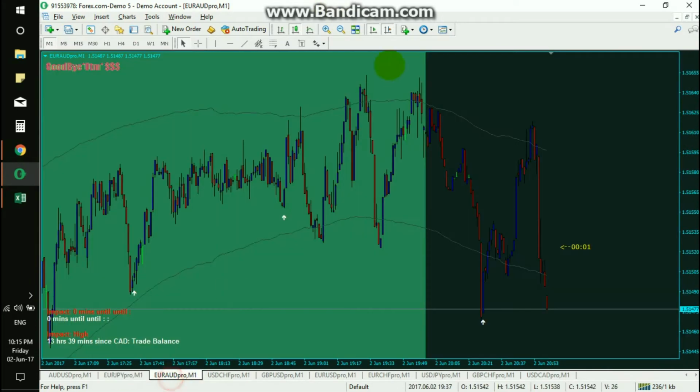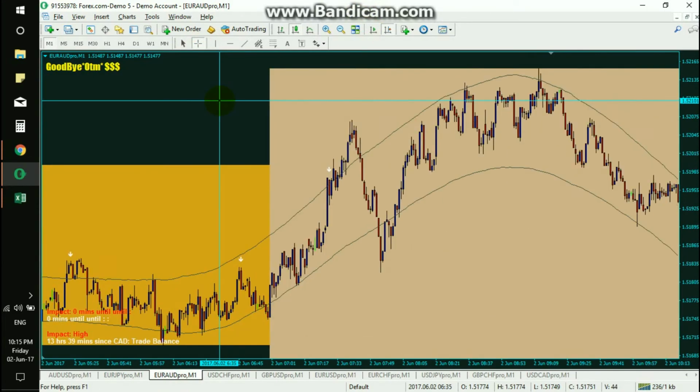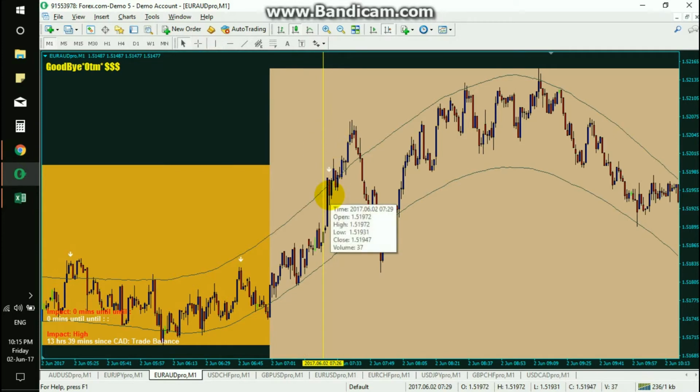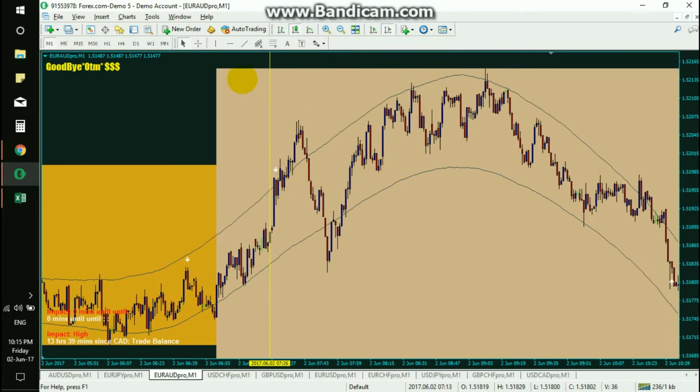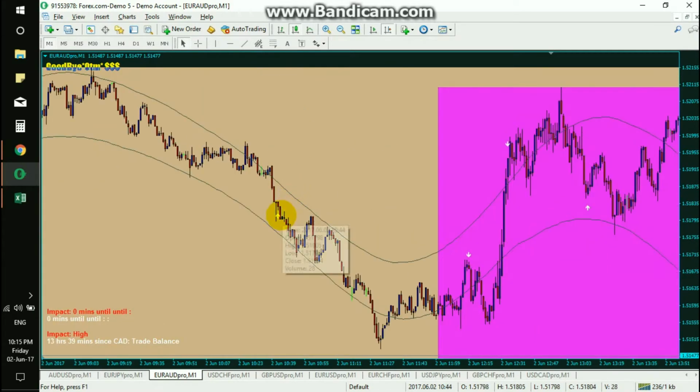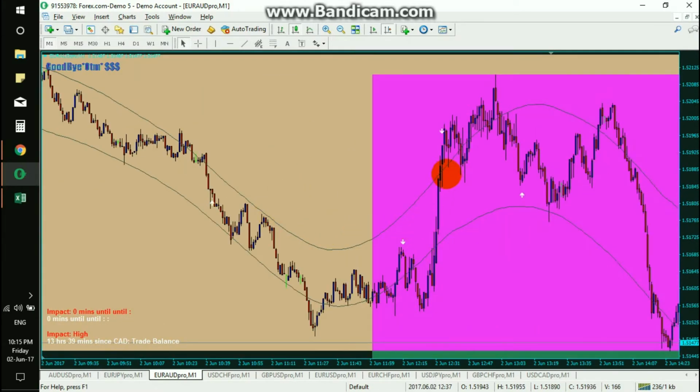Let's check Euro Australian. Again a non-valid signal. The price announces way too much inside the channel, so this is not a valid signal. This is our UK session inside the channel. This is a valid signal right here. There you go, a valid signal.